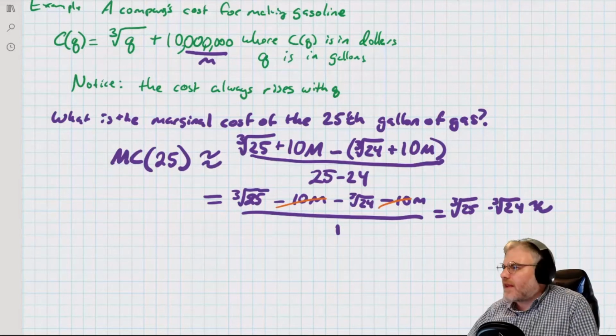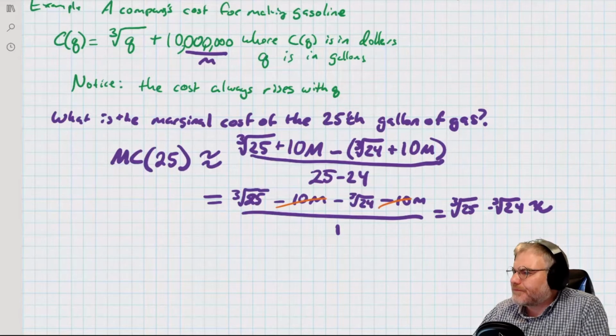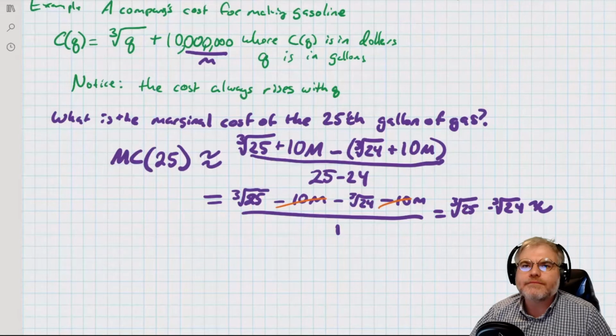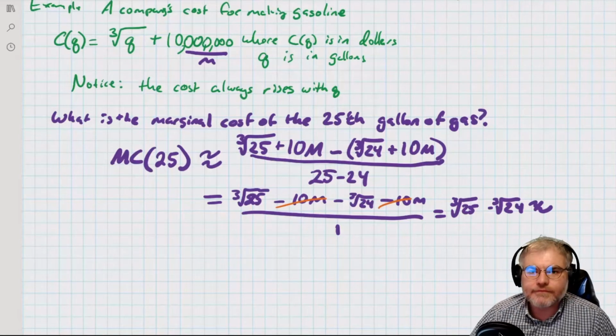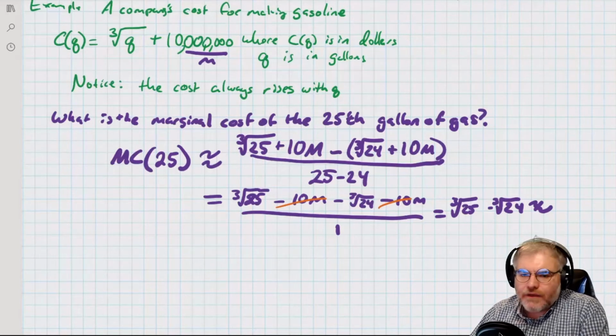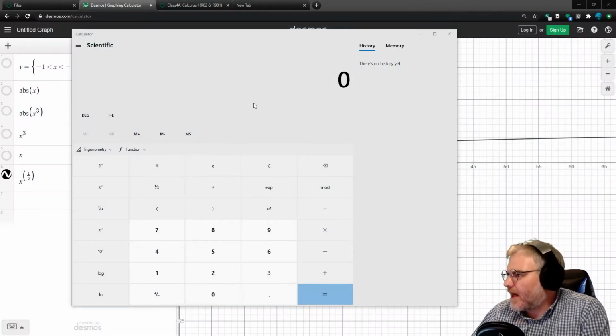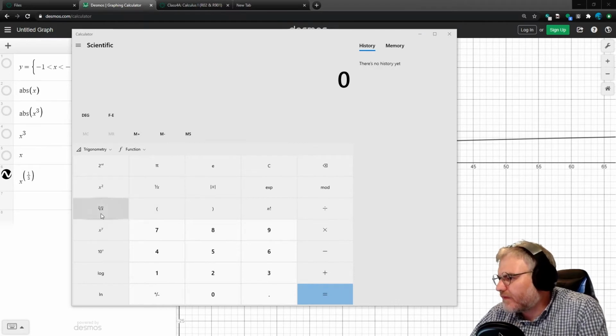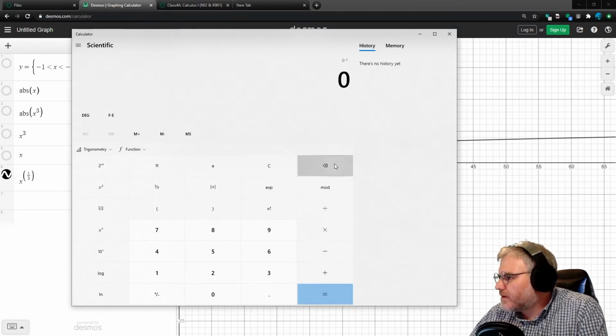All right, so if I plug that over into my calculator here, which I should have had up from the get-go. So if I plug that into my calculator, I wind up with the cube root of 25, which is approximately, let's see, how do you clear?